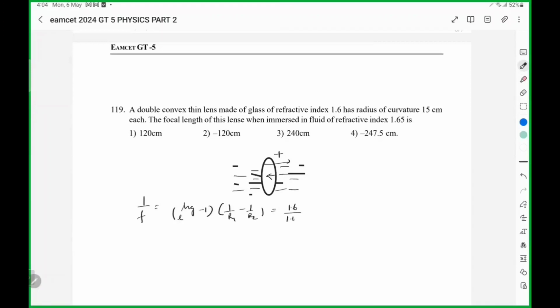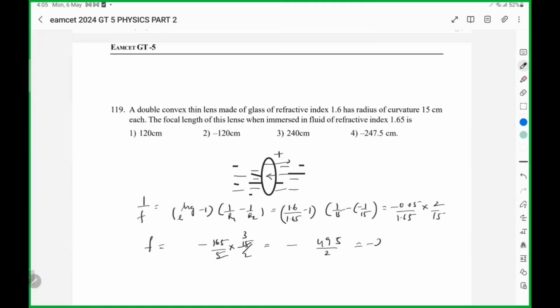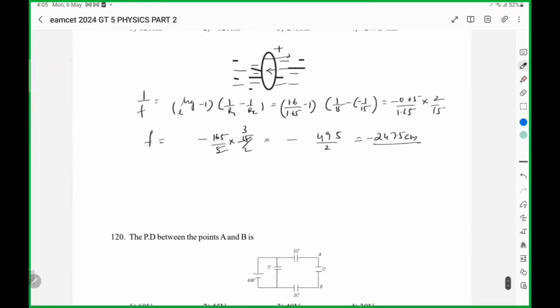Glass 1.6 by 1.65, minus 1, times 1 by 15 minus 1 by 50. Minus 0.05 by 1.65 into 50. That will be 165 by 5 into 15 by... So 495 by 2, which is minus 247.5 centimeters.